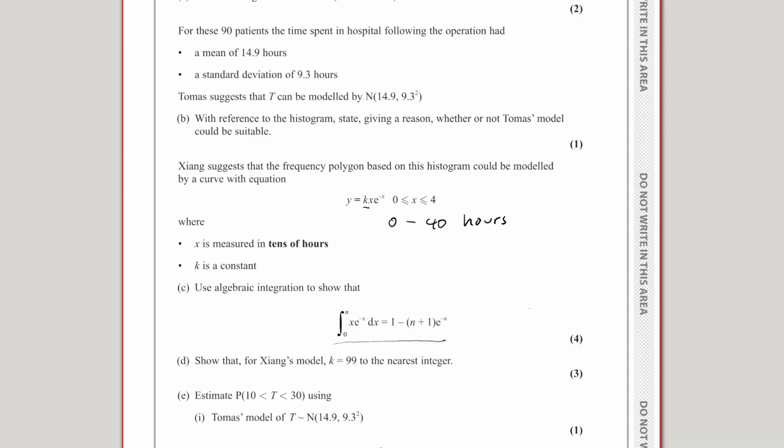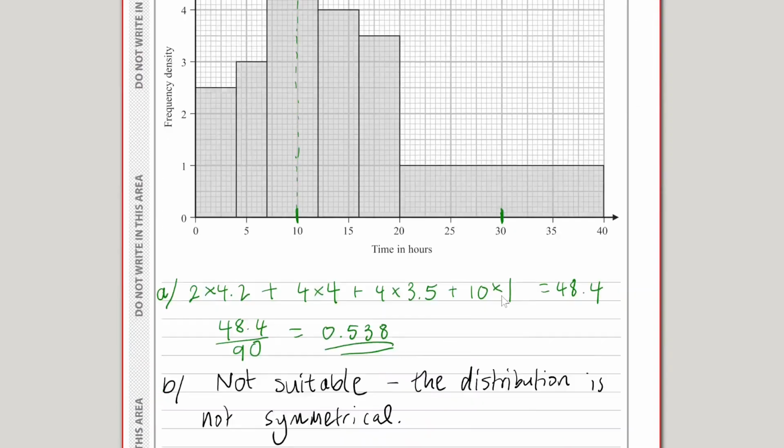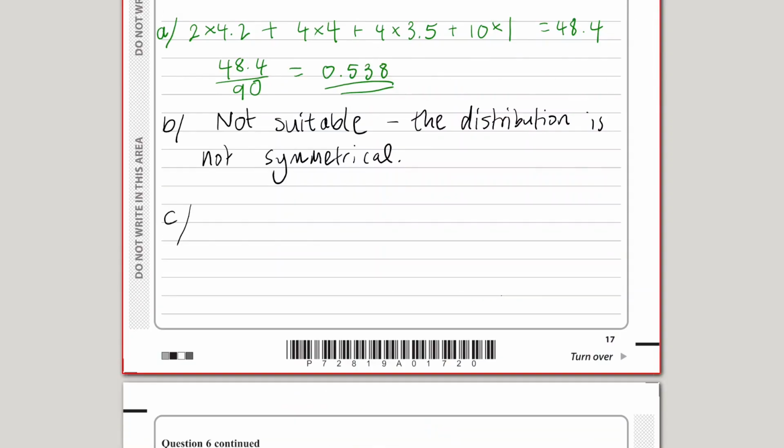When we've got two things multiplied together in an integral, we look to integration by parts. So integration by parts says the integral of u dv dx with respect to x is equal to uv minus the integral of v du dx with respect to x.